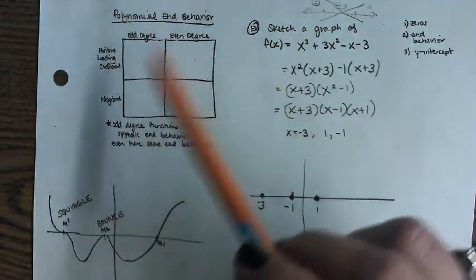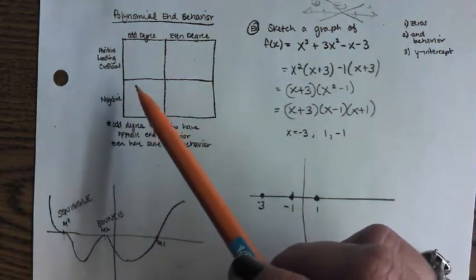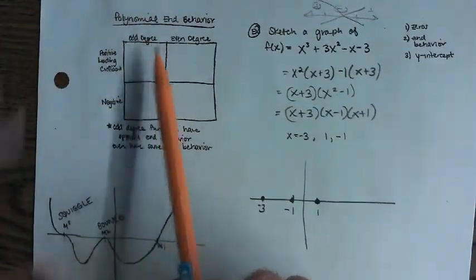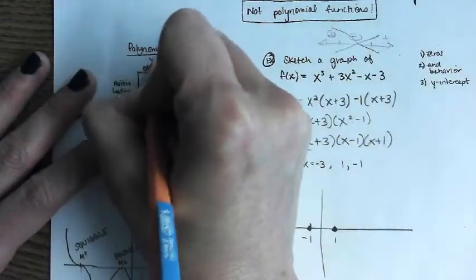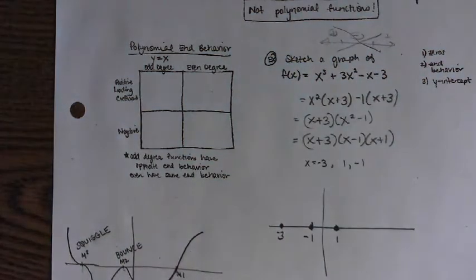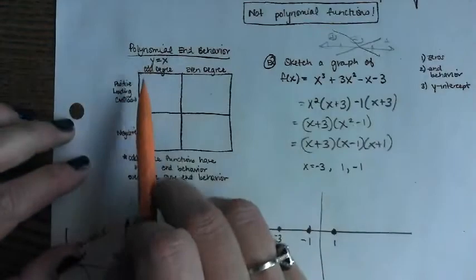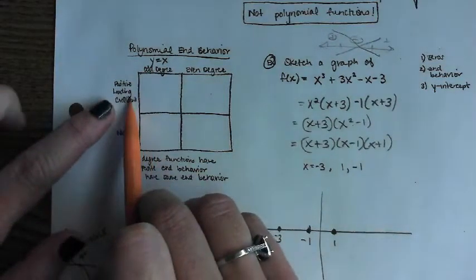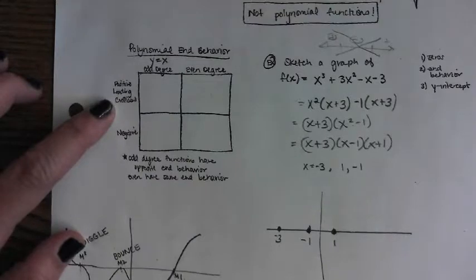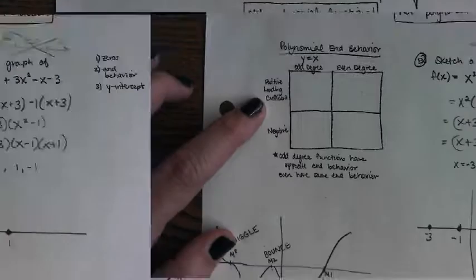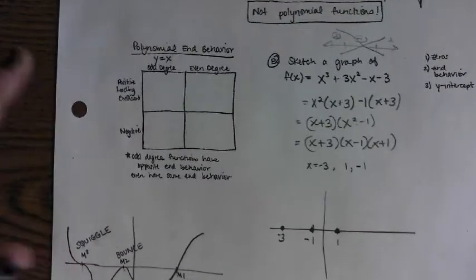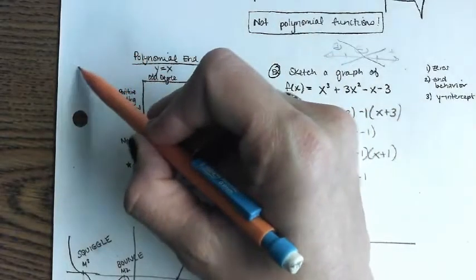You can memorize what I'm about to go through, or I would argue that you already know this, because your odd degree go-to function is a line, right? If you have a line with a positive leading coefficient, what does that mean as far as its overall slope is concerned? Its slope is what? Aiden? Right. Always positive, but you're not going to have that with polynomial functions because it's going to go up and down and up and down.